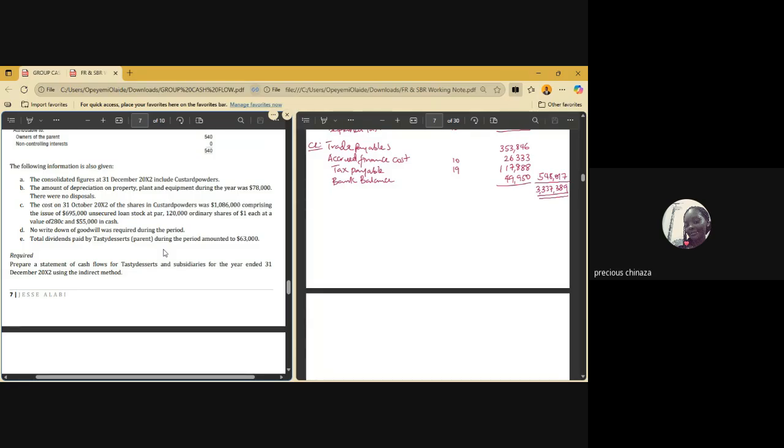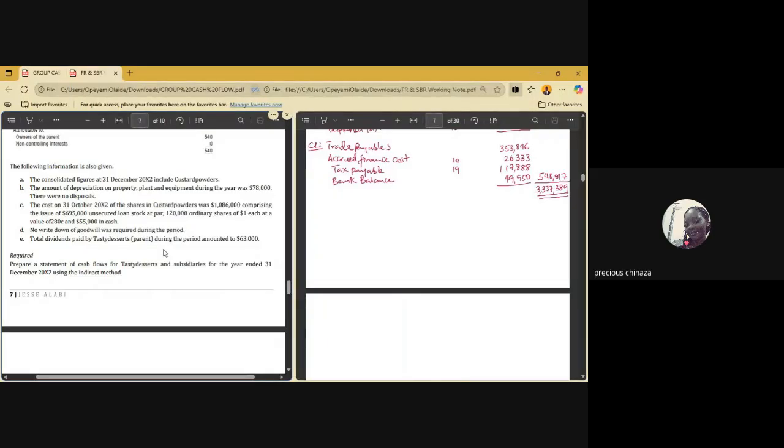C. The cost on 31st October 20x2 of the shares in custard powders was $1,068,000, comprising the issue of $695,000 unsecured loan at par, 120 ordinary shares of $1 each at a value of 280 cents, and 55,000 in cash.